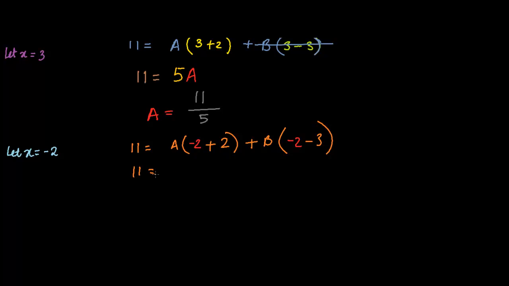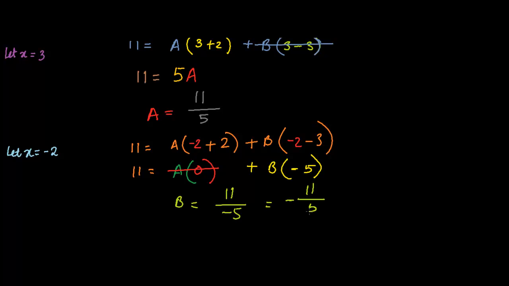So what we get in the end is 11 is equal to a times 0, which essentially just crosses it out, plus b times -5. Alright? So in the end, b just equals 11 over -5, which equals -11 over 5.